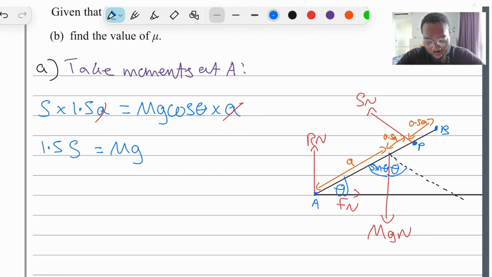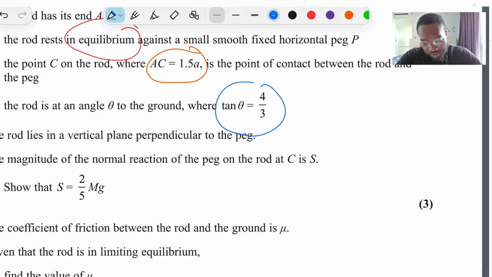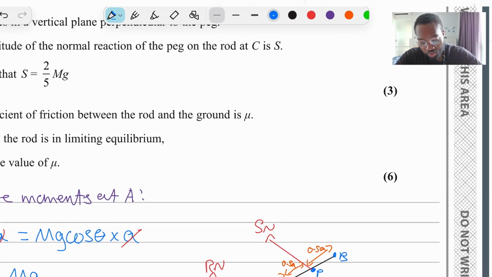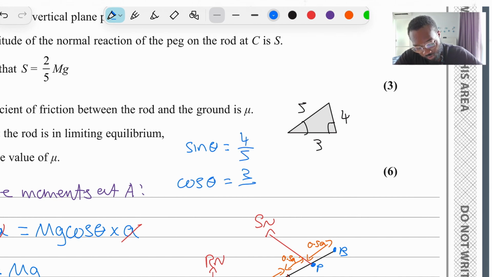However, what is that cosine theta? Well, we're told in the question that tan theta is equal to 4/3. So if I just do that over here, imagine that's a right angle here. We know this would be a 4, this would be a 3, and that would be a 5. So sine theta is equal to 4/5 and cosine theta is equal to 3/5.